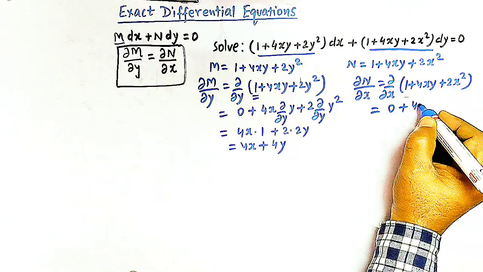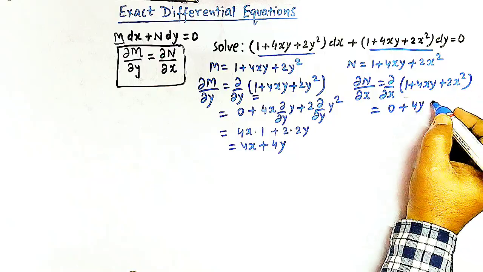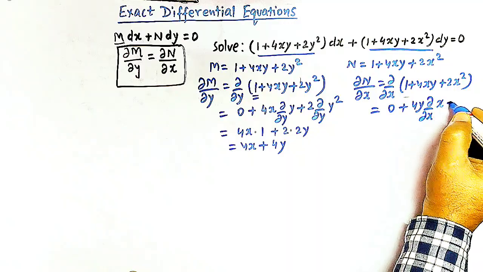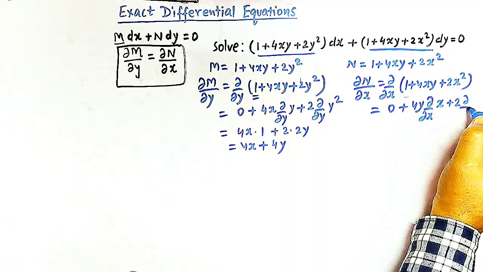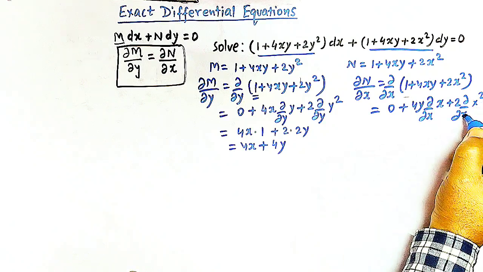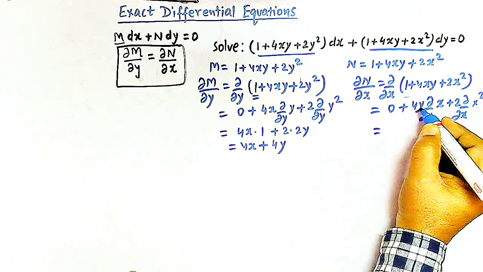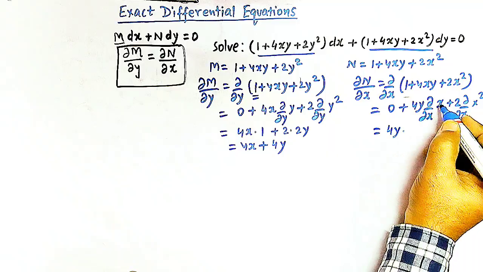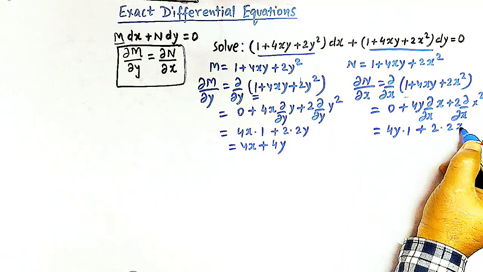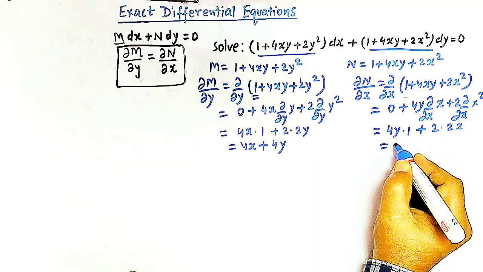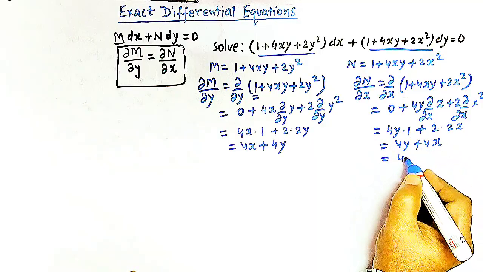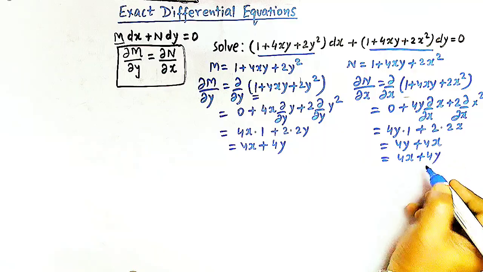So we have 4y, then we have del over del x of x, and here we have 2 times del over del x of x square. So here we have 4y times 1, and here we have 2 times 2x, and this is 4y plus 4x, and this is 4x plus 4y.